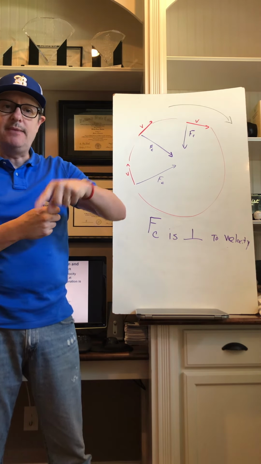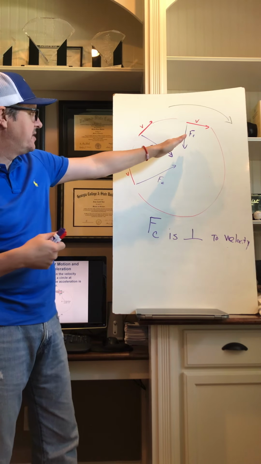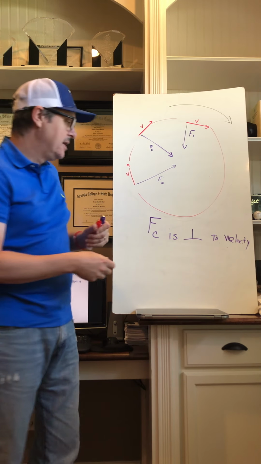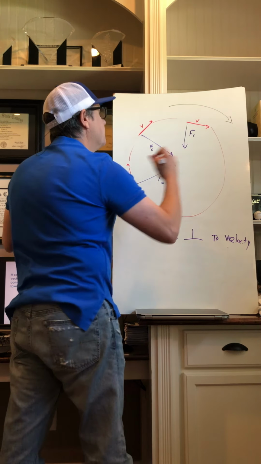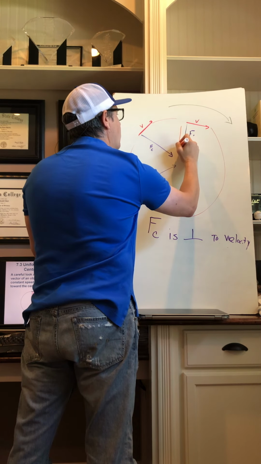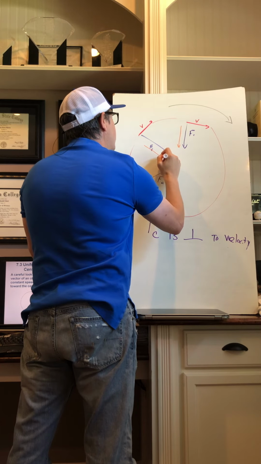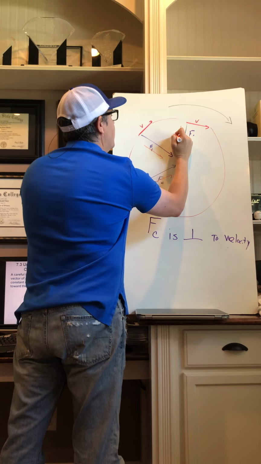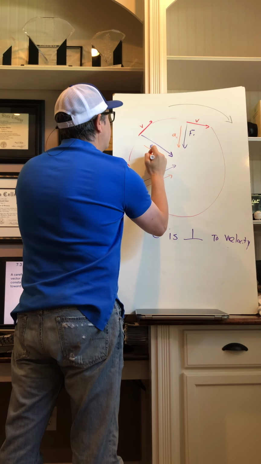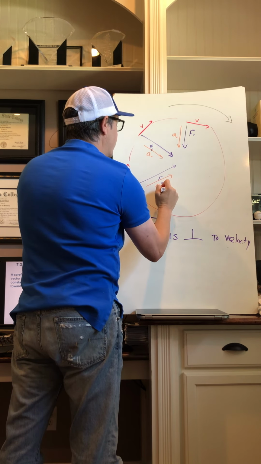Well, that's in the same direction as the net force. So if this is the centripetal force, then there should also be an acceleration towards the center. So the force and the acceleration are in the same direction, and oddly enough, that's called the centripetal acceleration.